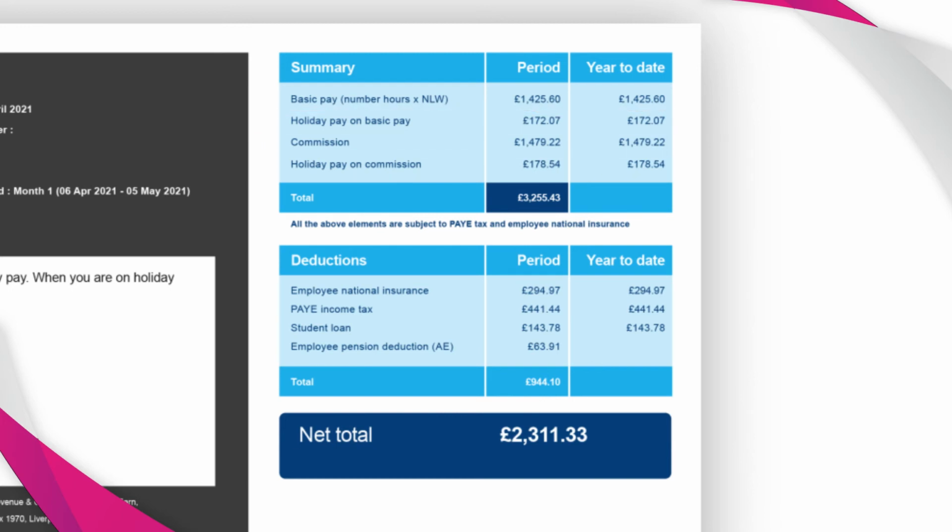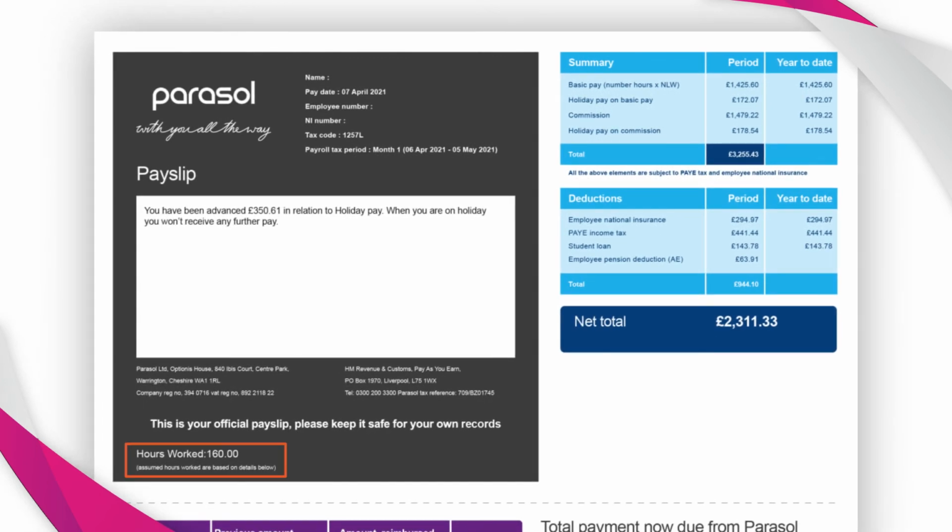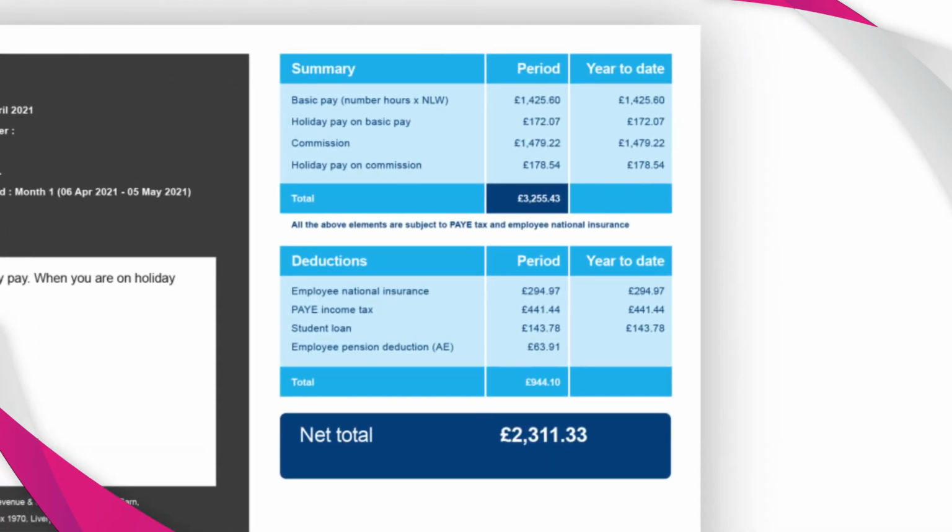Basic pay is calculated as the number of hours you have worked multiplied by national living wage, which is £8.91 per hour from April 2021 onwards. In this example, we can see that the hours worked for the month are 160. This is shown in the black area of the payslip here. 160 hours multiplied by national living wage of £8.91 per hour gives us a basic pay figure of £1,425.60 that we can see here.